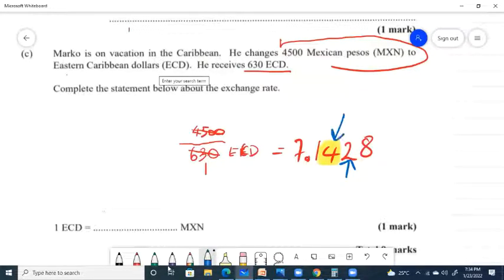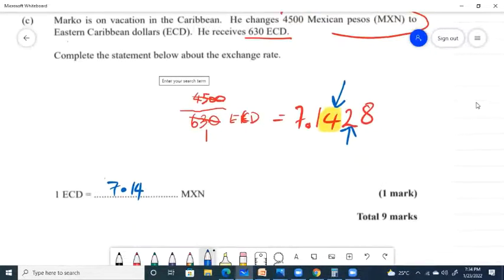So thank you for that. 7.14. Better now? Yes, sir. Right on track. So 7.14. Anybody want to quickly confirm that? Yes, sir. That's it. Thank you very much. Good looking out, Chad.